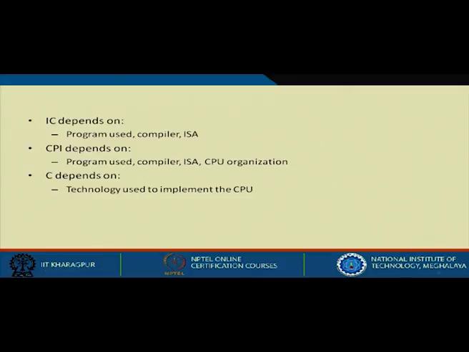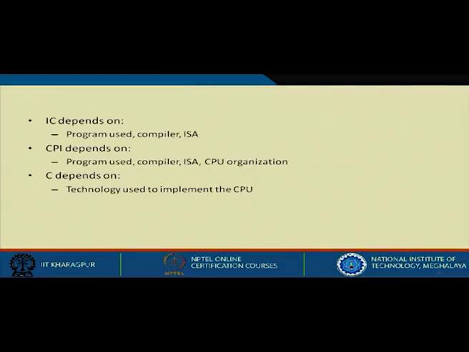As I discussed in the previous slide, IC depends on the program used, the compiler and the instruction set architecture. CPI also depends on the program used, the compiler, the instruction set architecture, as well as the CPU organization. How you organize your CPU and your various hardware will also affect the final CPI.